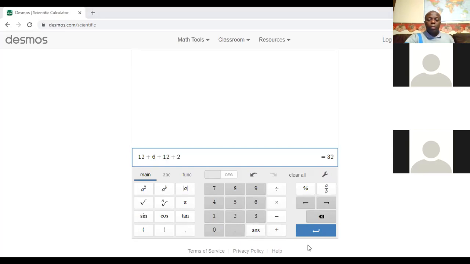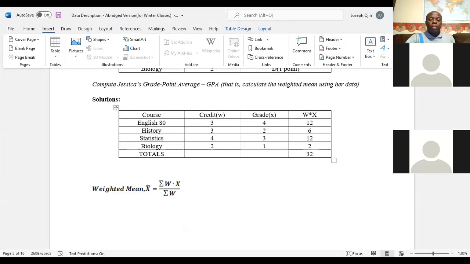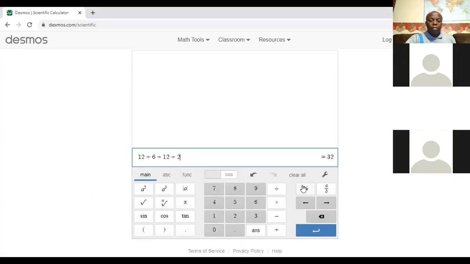32 here. And we add the weights because it says sum of weights. So we're going to add the weights. Adding the weights, we have 3 plus 3 plus 4 plus 2, which is 12.